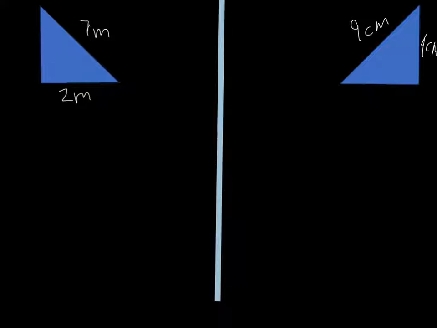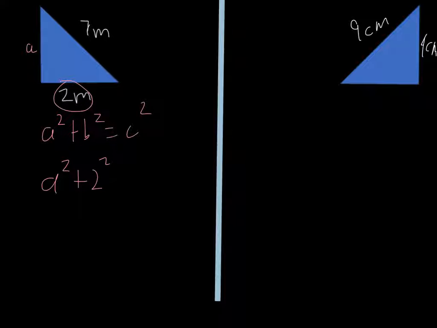So if we write out the formula of A squared plus B squared is equal to C squared, we'll label this side A, so we don't have the A value, so A squared plus the B squared value, B is 2 squared, is equal to C squared, which is going to be equal to, sorry, I should write that, 7 squared. So A squared plus 4 is going to be equal to 7 squared, which is 49.